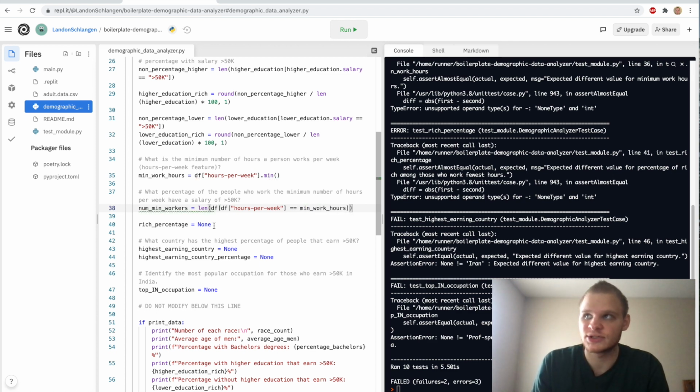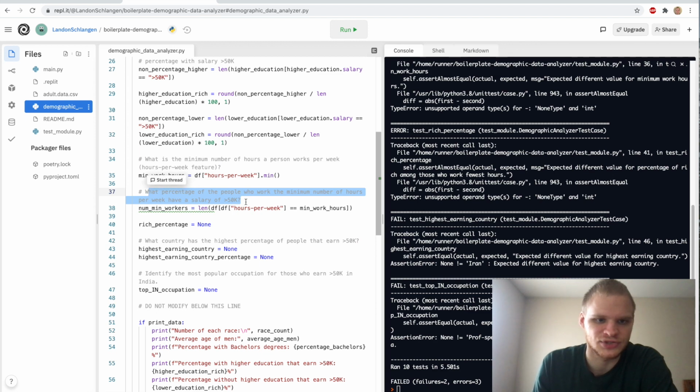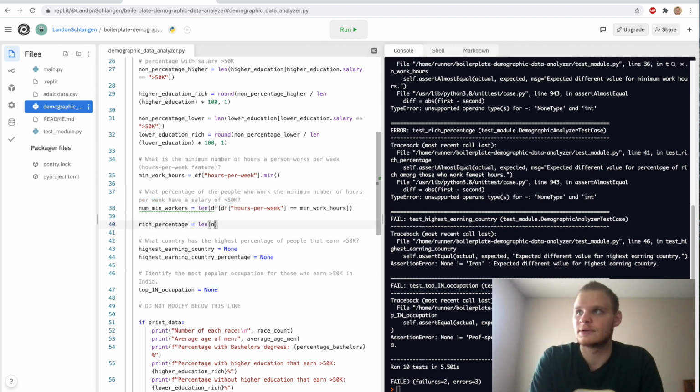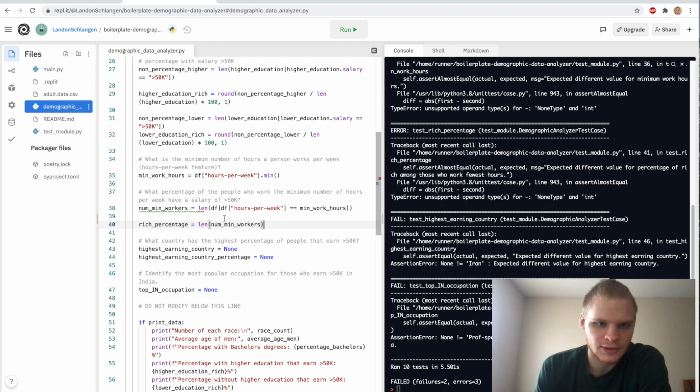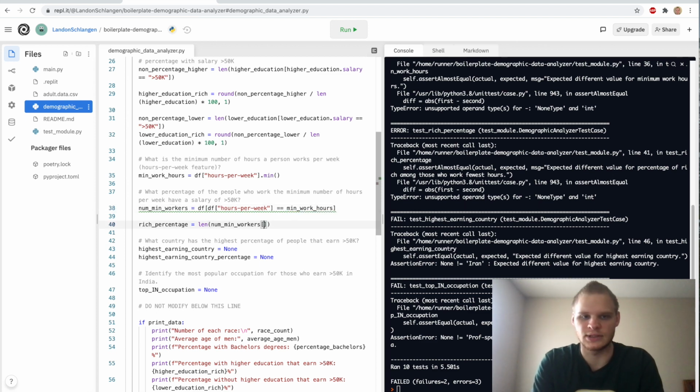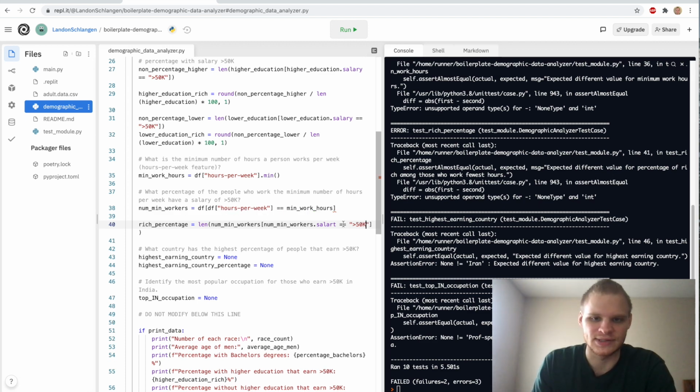Now the rich percentage is this question right here. So we're gonna do the length of the number of min workers. Okay, yeah, I actually remember why I didn't use this length thing here now. We want this to be a data frame yet, so that we can do number of min workers and then go into this data frame and get their salary, where it equals literally like greater than 50K. I know it's kind of weird, but that's how the data formats it.